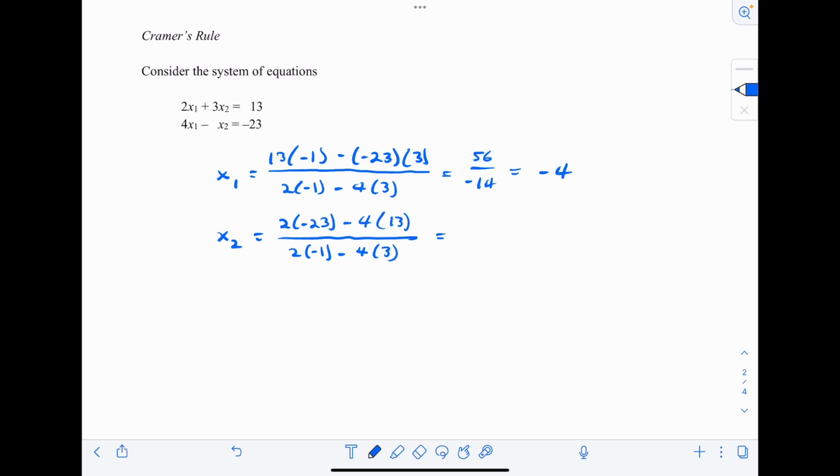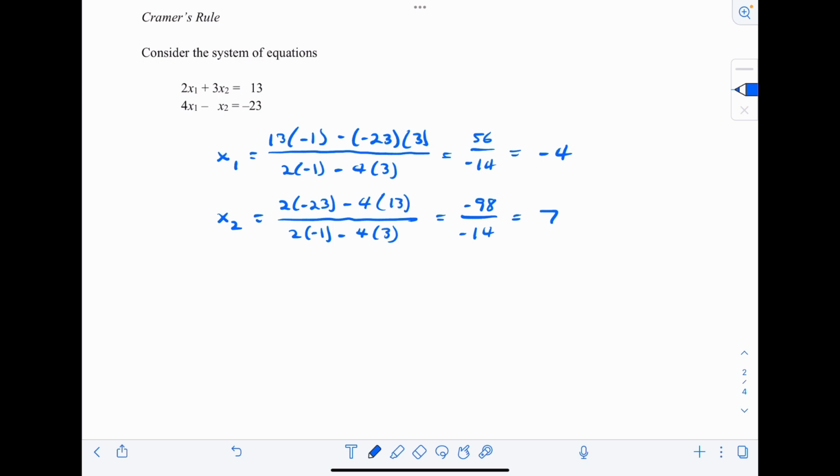So in the top, -46 minus 52. Really stretching my mental math here. -98 divided by -14 is a +7. So that's my solution. x1 is -4, x2 is +7.